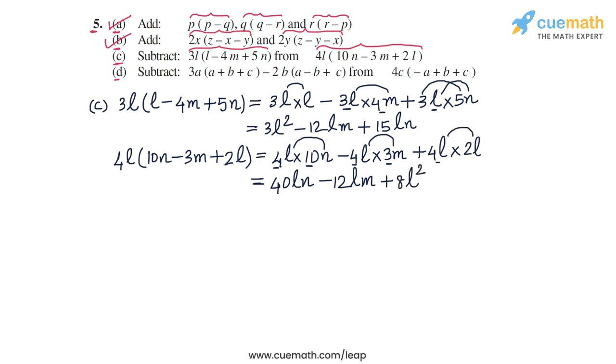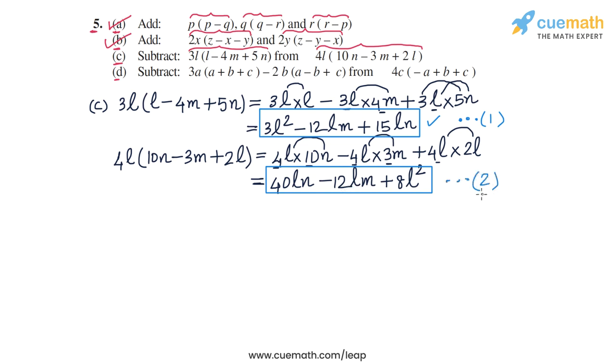So the two expressions that we have are these two expressions, 3l square minus 12 lm plus 15 ln, and 40 ln minus 12 lm plus 8l square. So we have to subtract this first expression, let's call this 1, from this second expression, which I have labeled as 2. So we will write expression number 2 first, and below it we will write expression 1, such that the like terms are written one below the other.